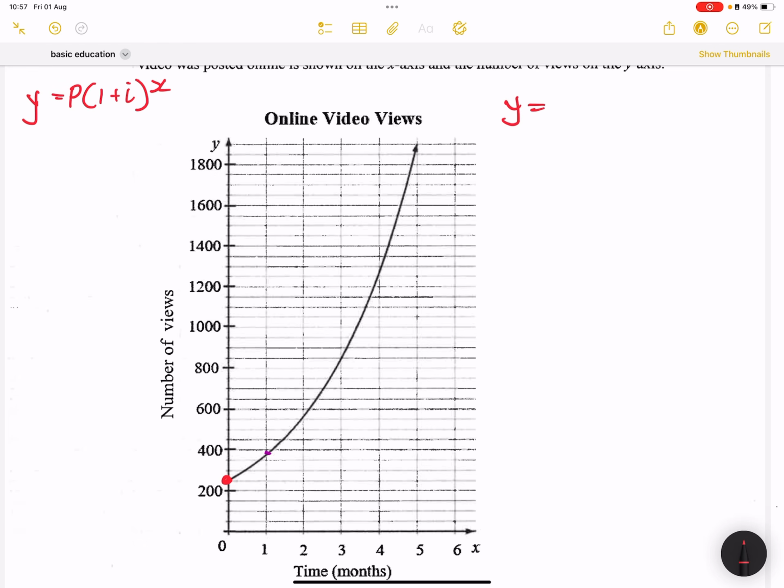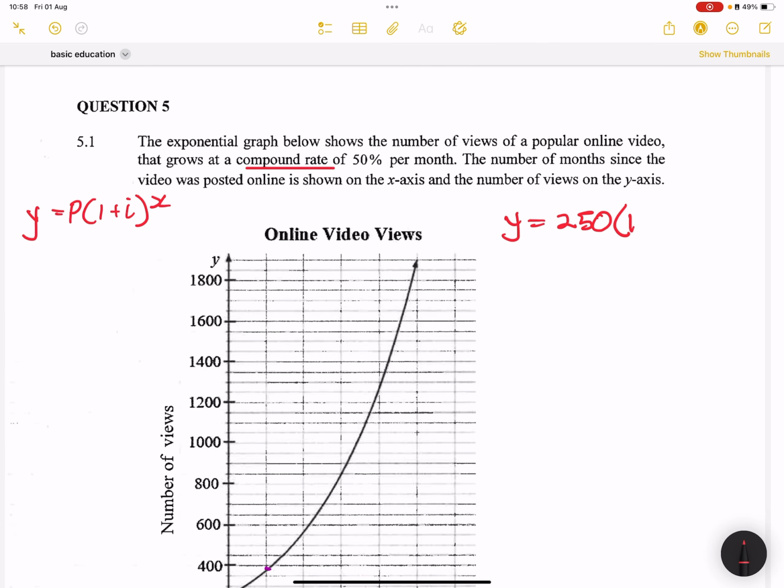So I'm going to write it onto this side. That's 250 into... Right, in this case the compounding rate is 50%. That's not interest this time, but it's the growth rate, which is 0.5. And this is to the power of x.